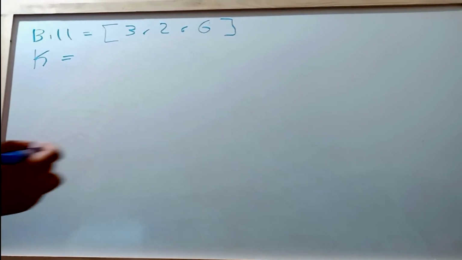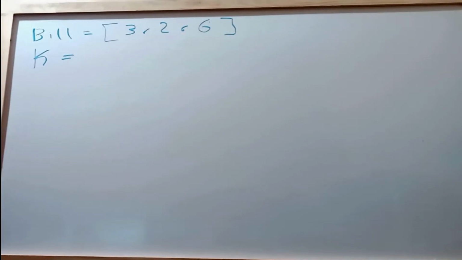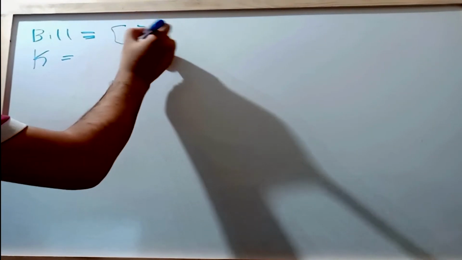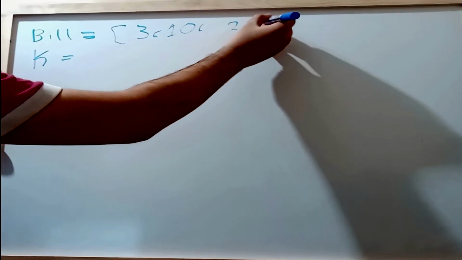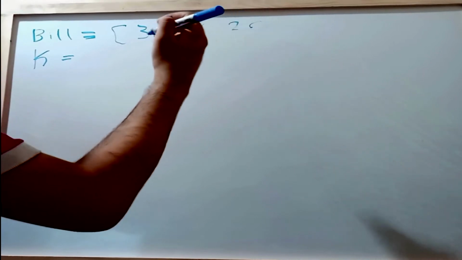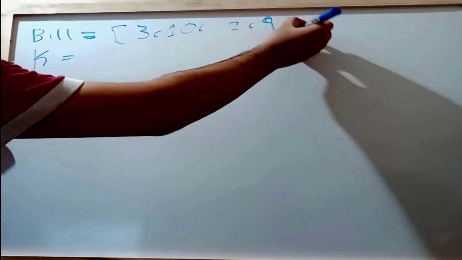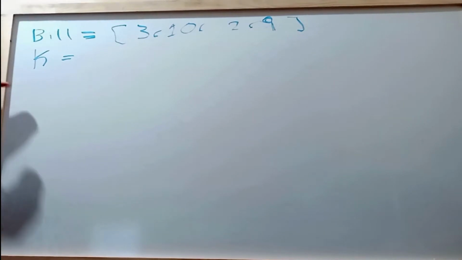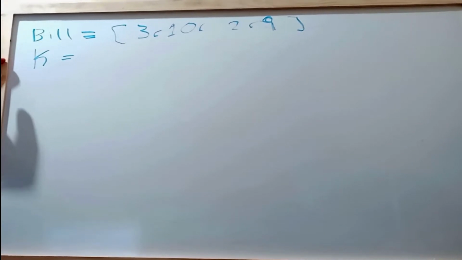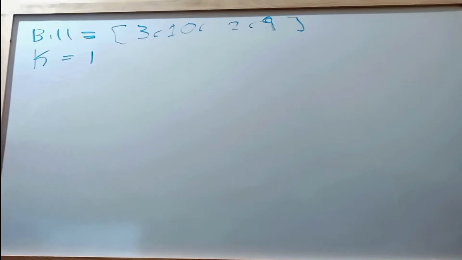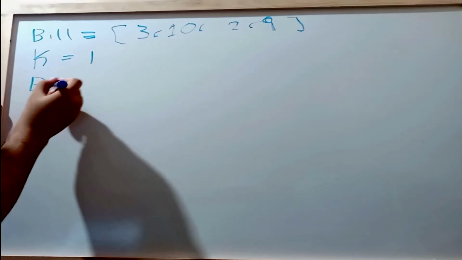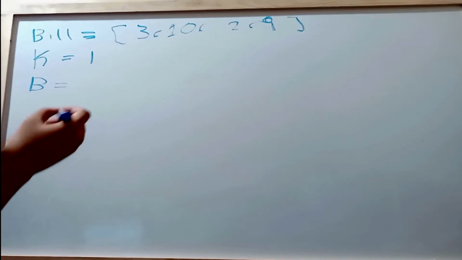In this scenario, let's bring real numbers so we don't confuse ourselves. We'll be given 3, 10, 2, 9. Then we have k, which in the first scenario would be 1. Lastly we have b, which indicates the amount that Brian charged Anna.